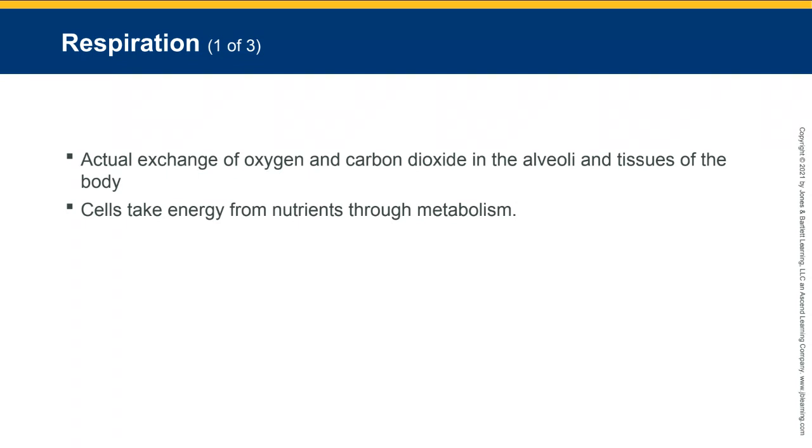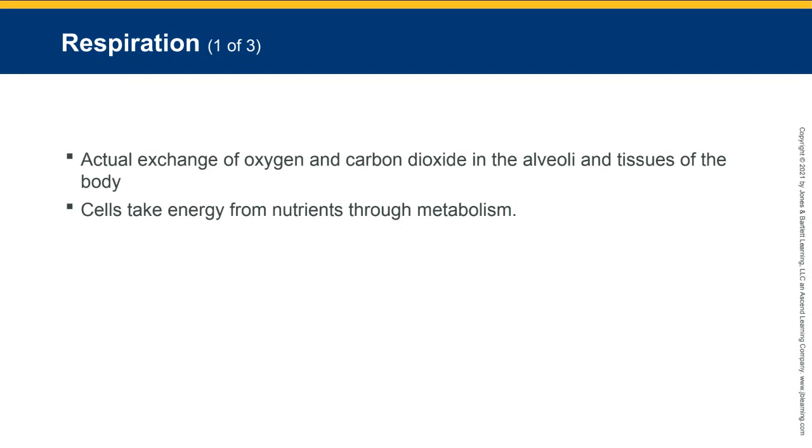If the cell doesn't have the amount of oxygen required, then the energy production becomes low and the function of the cell is compromised. That is referred to as anaerobic metabolism. So there are two phases of respiration. You have pulmonary and cellular.